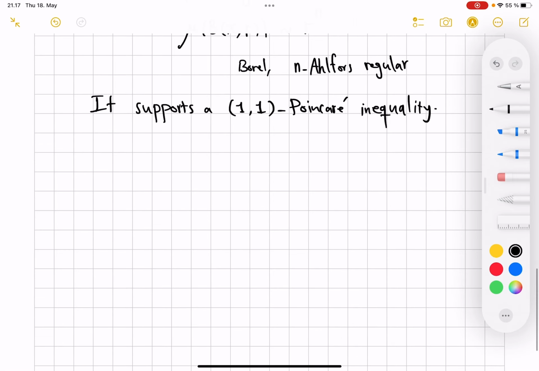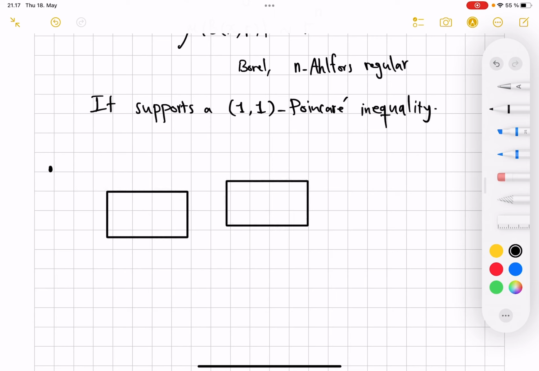So that was easy. Second example, how about two copies of this at some distance from each other? Just the interiors of two squares.